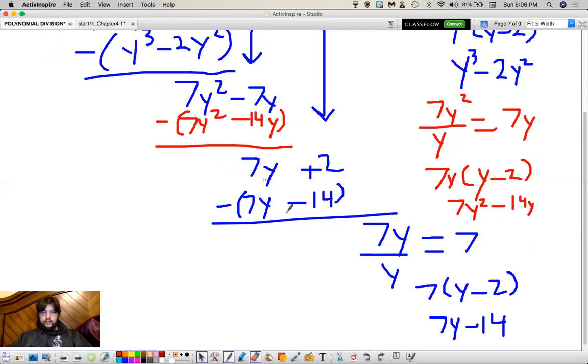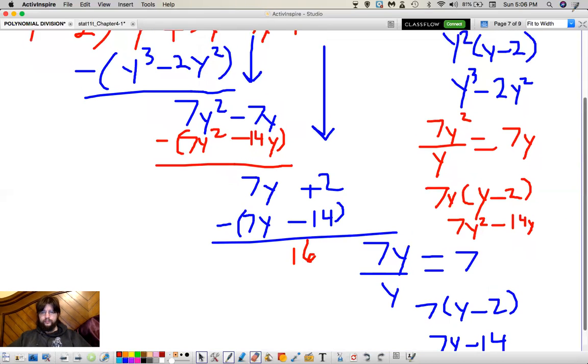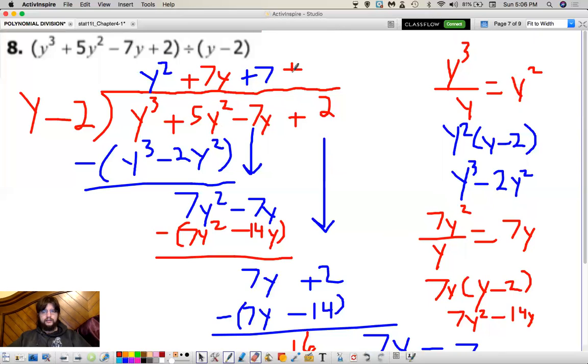And our remainder is positive 16. 2 minus a negative 14. So plus 16 over our divisor. Now, perfectly fine if you do long division or synthetic division here. That's another example of long division. I'm just going to go synthetic from now on. So let's do it. Next problem.